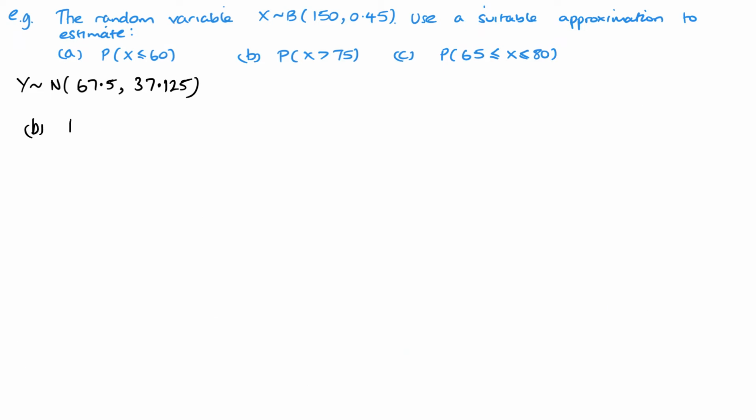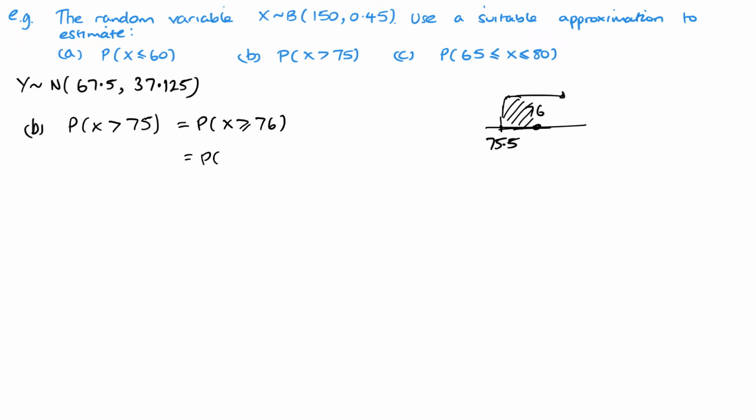Part B. So in this one we're looking at X being greater than 75. And as I've said all along, make sure you write this as equals. So this would be greater than or equal to 76. And that, again, as I've said before, is really important, and this is where it really helps cut out your mistakes. So we want greater than or equal to 76, which means that we're looking at 75.5.